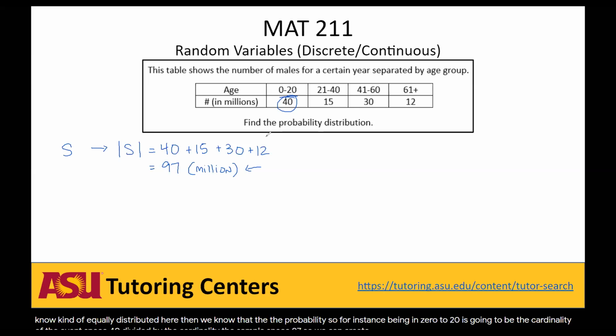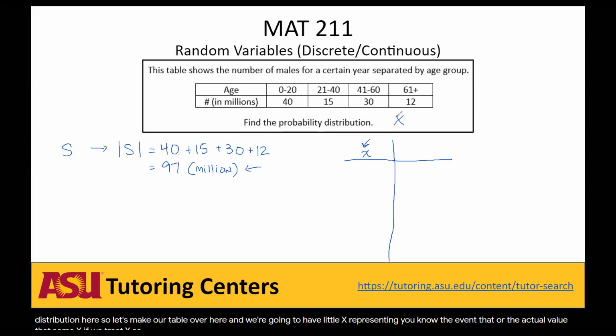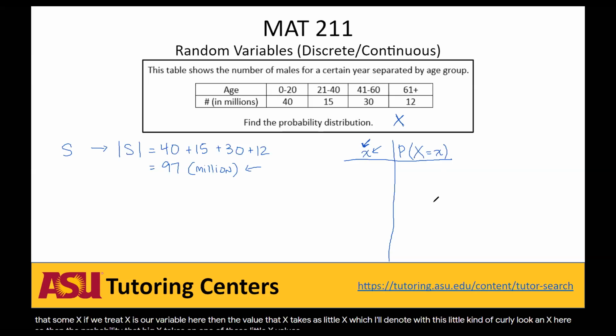So we can create a little table again to represent our probability distribution here. Let's make our table over here. We're going to have little x representing the actual value that big X, our variable, takes.